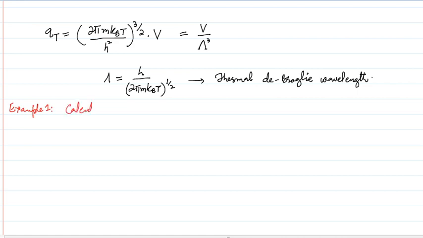Calculate the translational partition function of a hydrogen molecule.